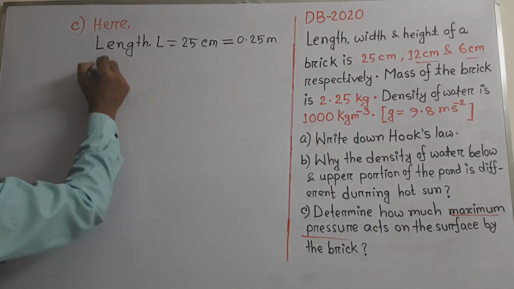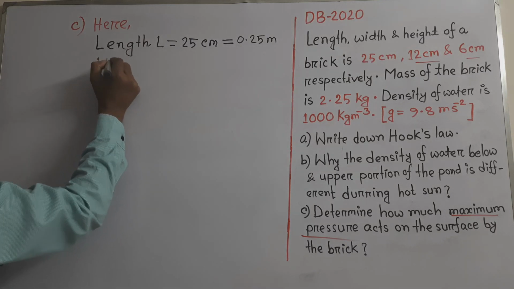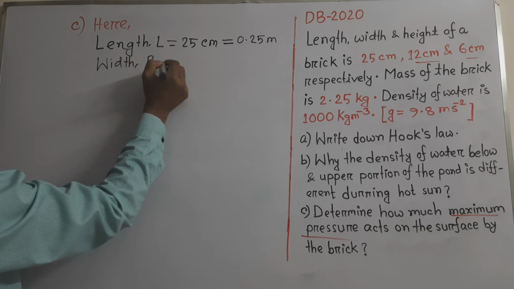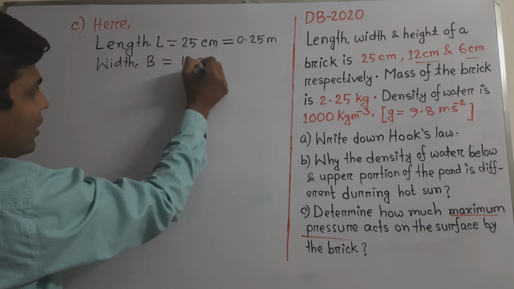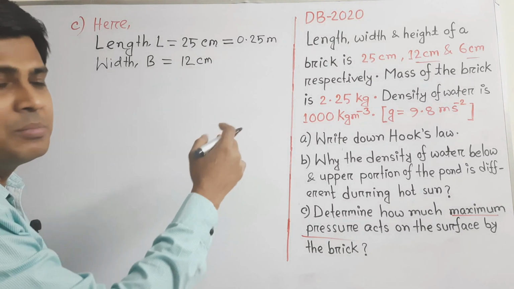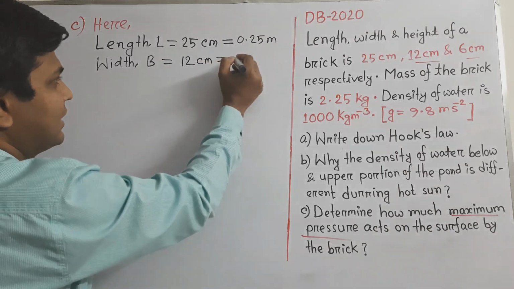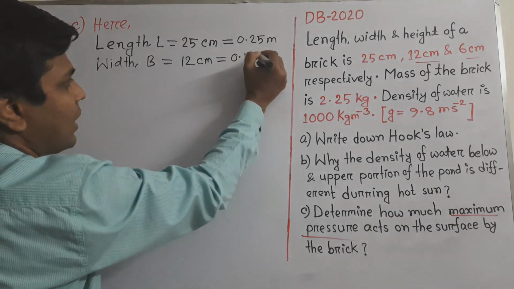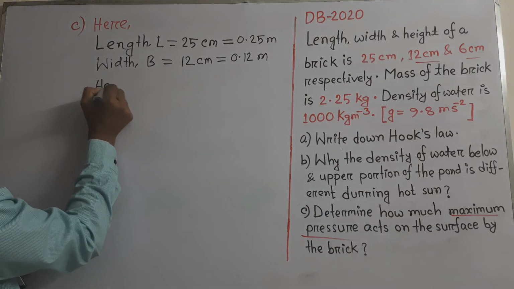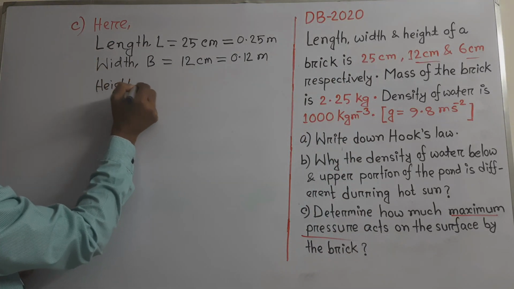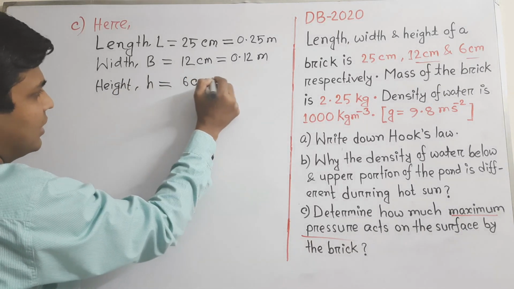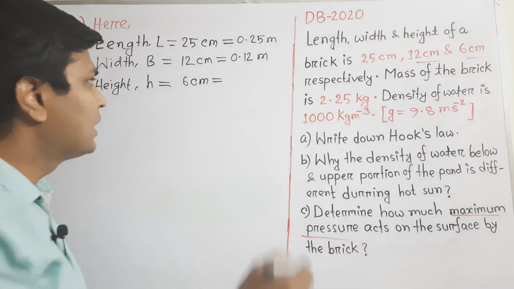And width of the brick, it is denoted by capital letter B, which is given 12 centimeter. And if you want to convert centimeter unit to the meter unit, we have to divide by 100 and the answer will be 0.12 meter. Similarly, height is also given here 6 centimeter, and 6 centimeter equals 0.06 meter.